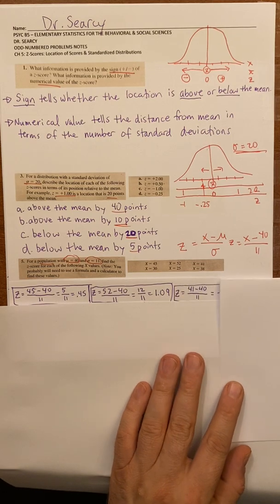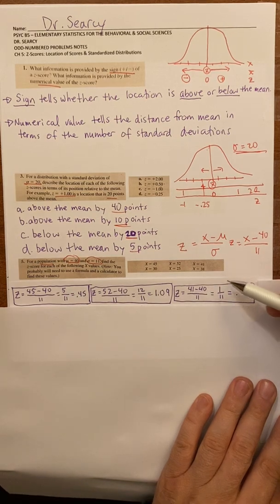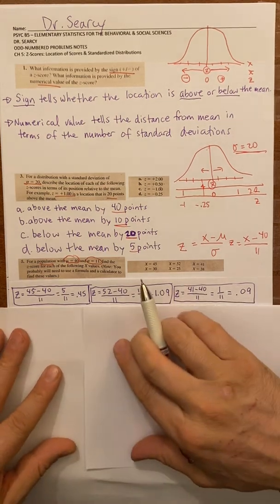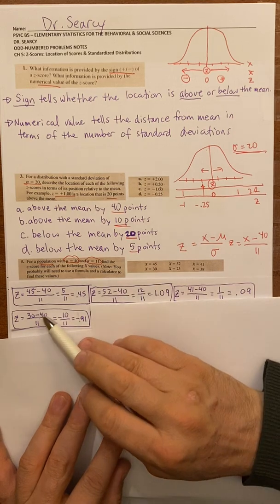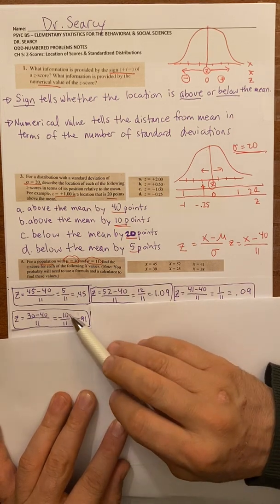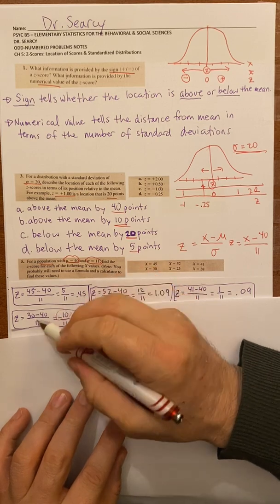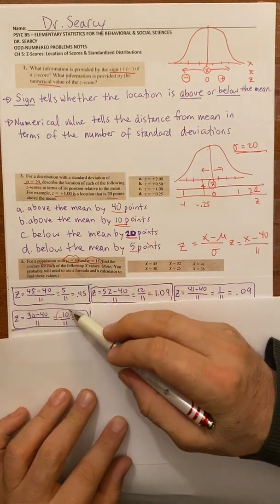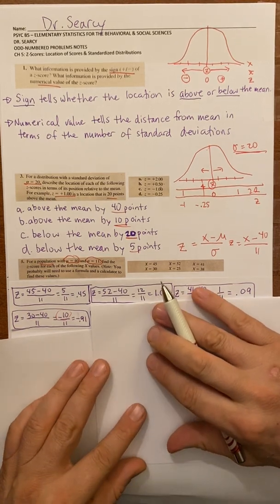So then the next equation is an x of 41 minus 40 over 11. 41 minus 40 is 1, so it's 1 over 11, gives us 0.09. From there, x value of 30 minus 40 over 11, so here we have a negative 10, right, because 30 minus 40, so it's negative 10 over 11, gives us a negative 0.91.